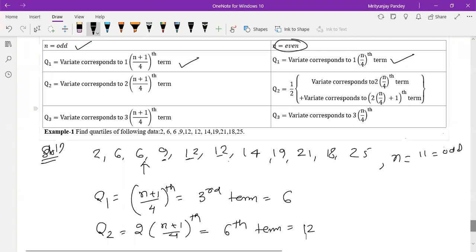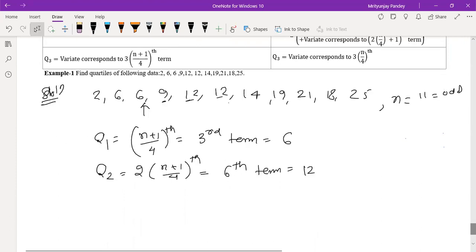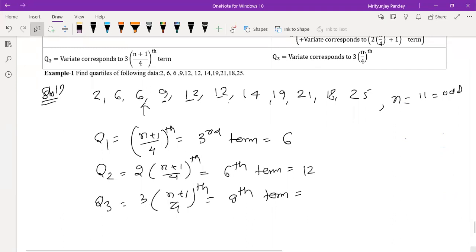Yes. Next, Q3 is 3 times (n plus 1) by 4. So the ninth term. Tell me the ninth term. 3 4 5 6 7 8 9.